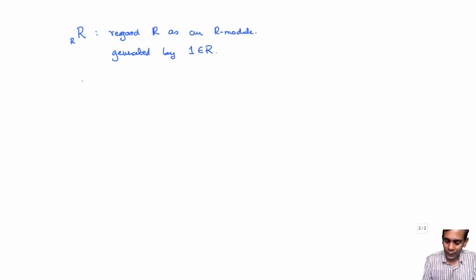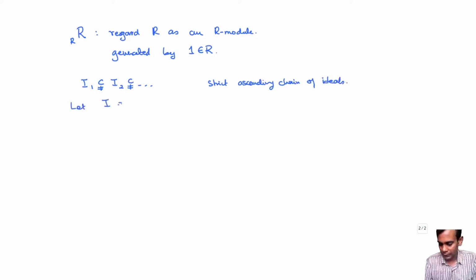Now in this R we had a strict ascending chain of ideals. Let I be the union of these ideals.